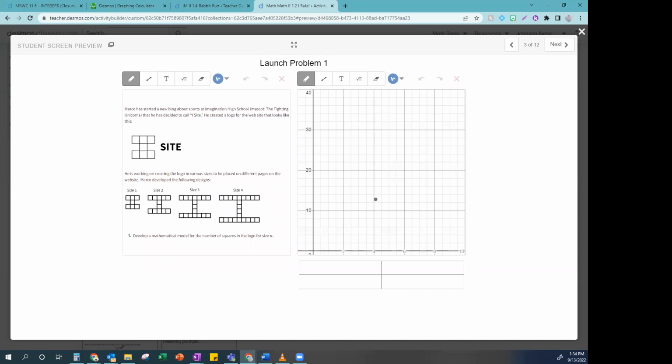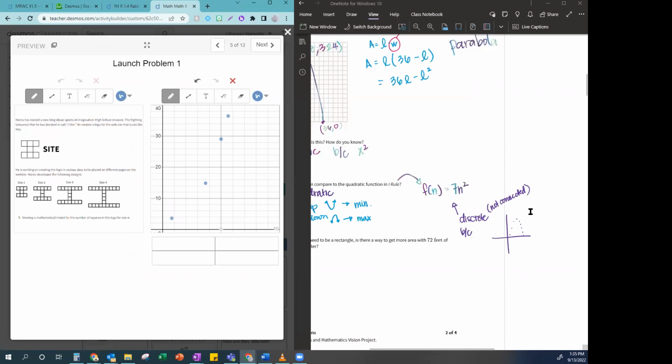It should be these dots that are not connected. The reason why we can't connect those dots is because I don't have a size 3.5. I have a size 3, and then next I have a size 4. And I also don't have 2.5 boxes. I only have a clear amount. Does that make sense? So discrete means it looks like this, disconnected.